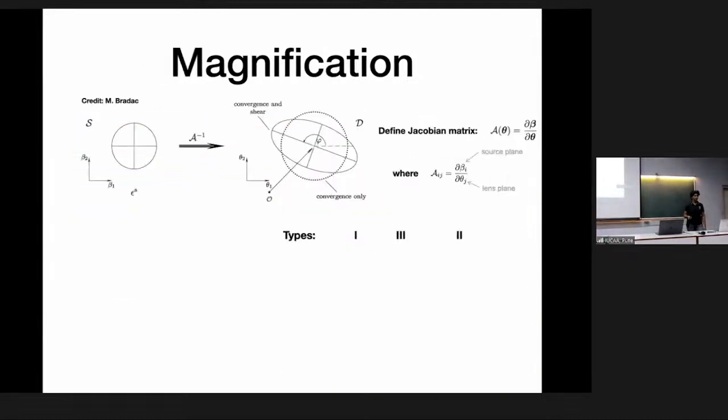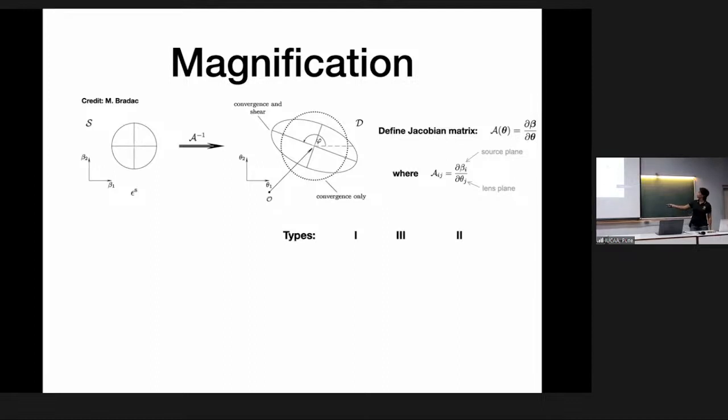Now moving to magnification. Magnification is another observable. As you may remember, what we can see is either an isotropic magnification or an anisotropic magnification.